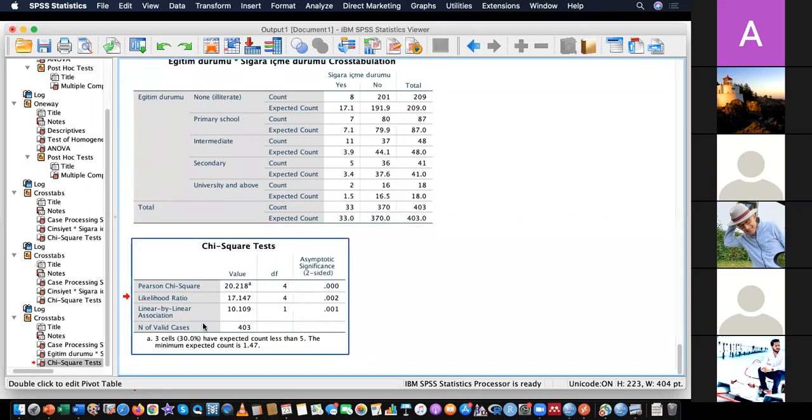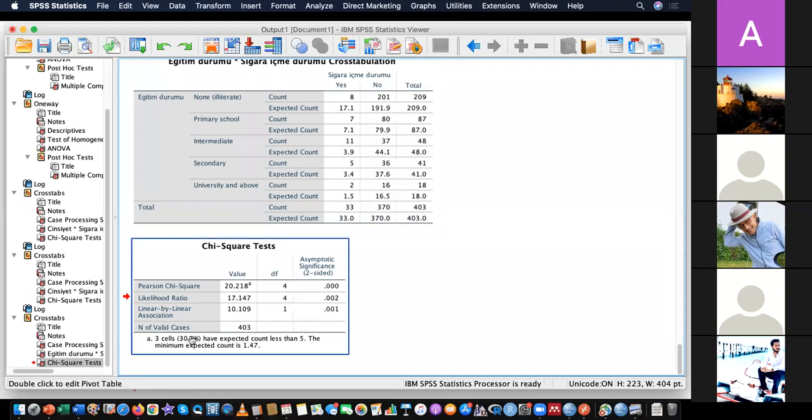3 cells, which makes 30%. Why 30%? Because 2 by 5 makes 10 cells: 1, 2, 3, 4, 5, 6, 7, 8, 9, 10. Out of these 10 cells, I have 3 which have expected counts less than 5. So it makes 30%.